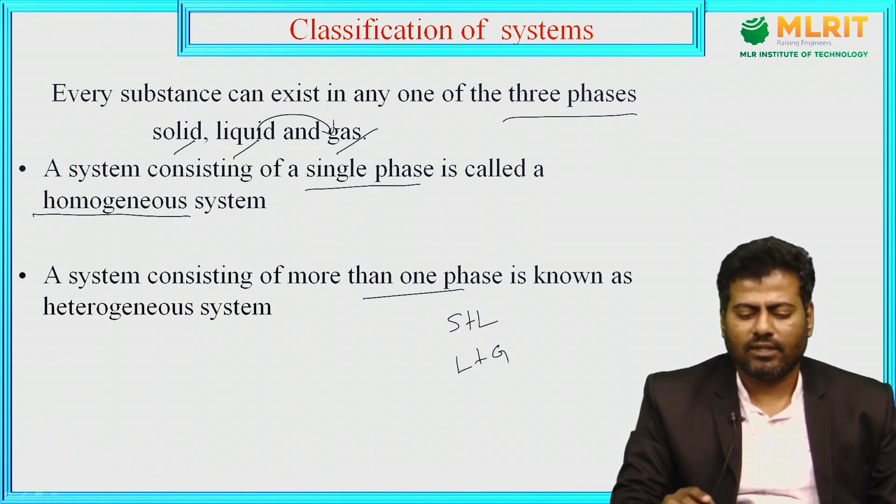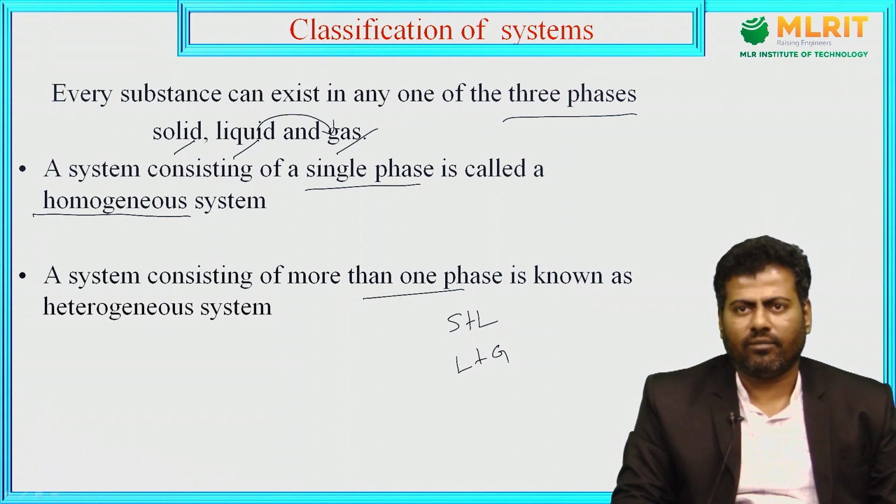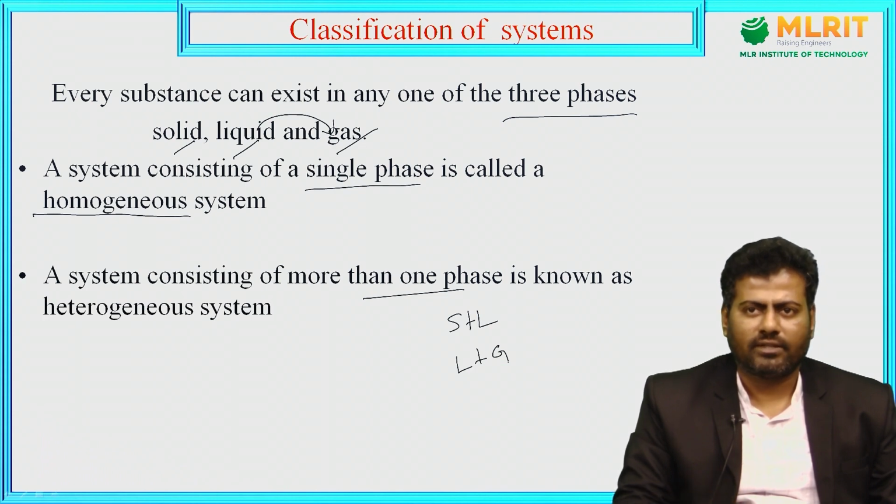That comes under multi-phase, which means it is a heterogeneous system. So based upon the quantity of matter we can also classify. In the previous slide we classified based upon matter as well as heat transfer. So these are the two major classifications according to our syllabus.